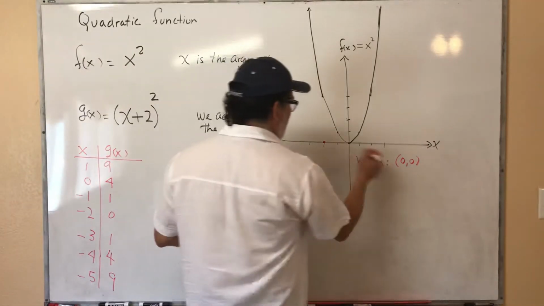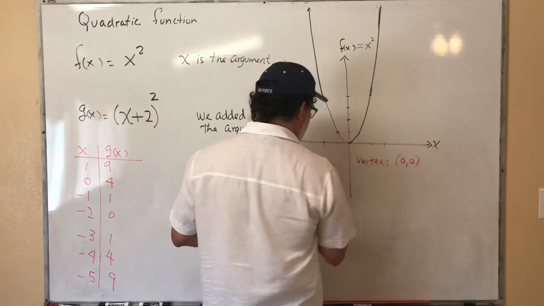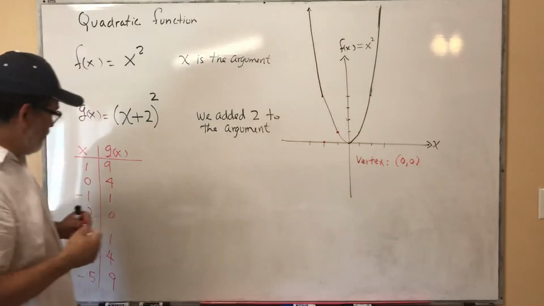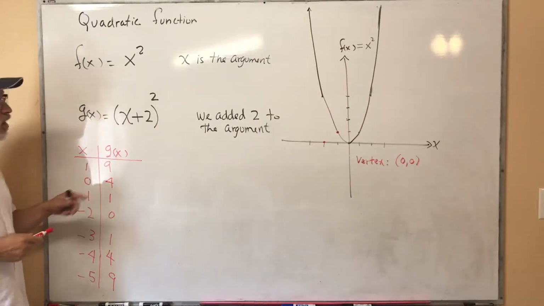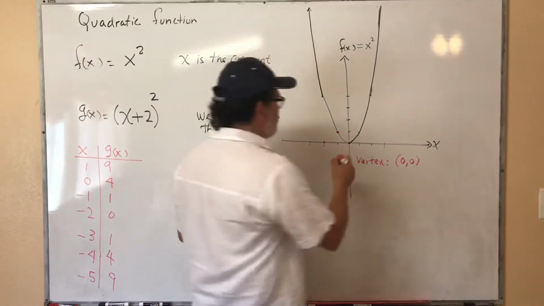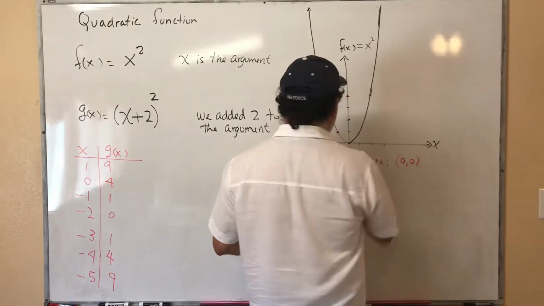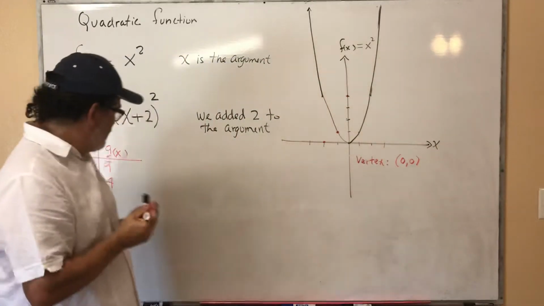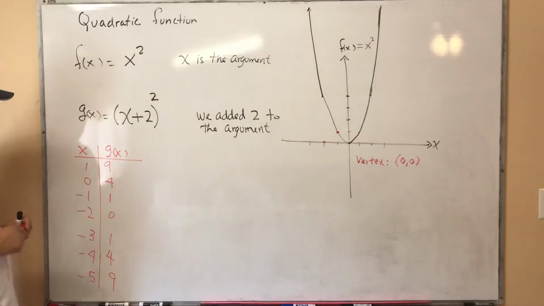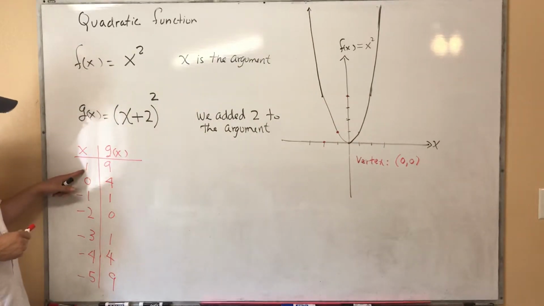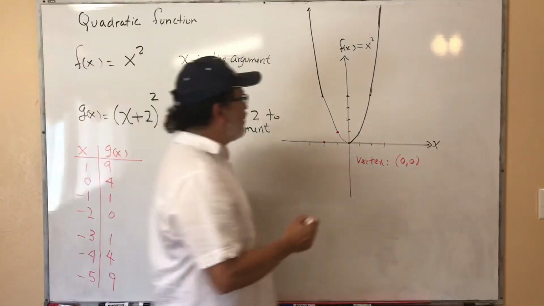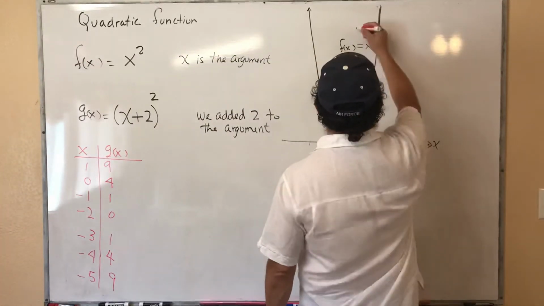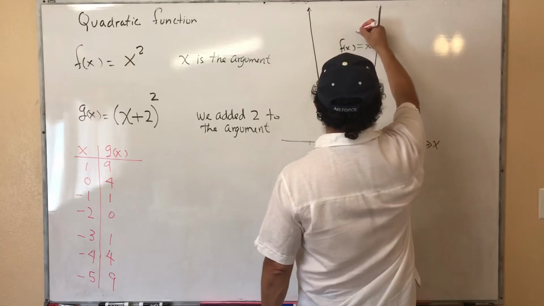Let x be 0. g of 0 is 4 right there. You see what's going on? Let x be 1. g of 1 is 9, right around there.